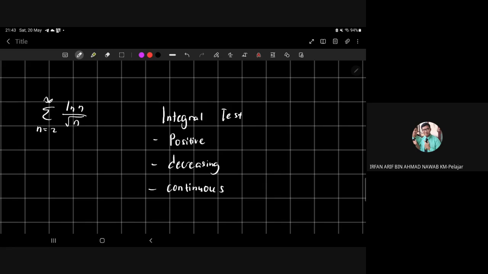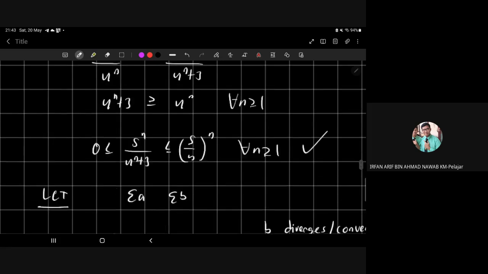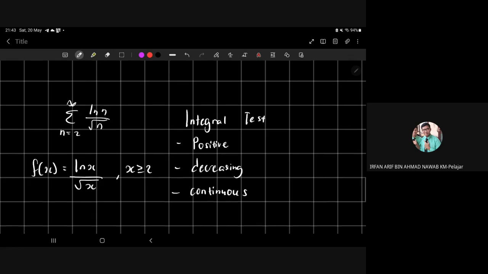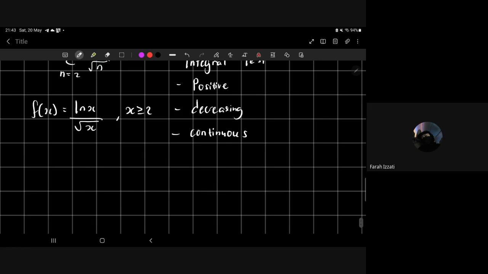Now, the domain will be from 2 up until infinity. So we would like to define our function in that domain. By defining it, f of x is equal to ln of x over square root of x, where x is larger than or equal to 2. So you have to write it like that first before integrating something.